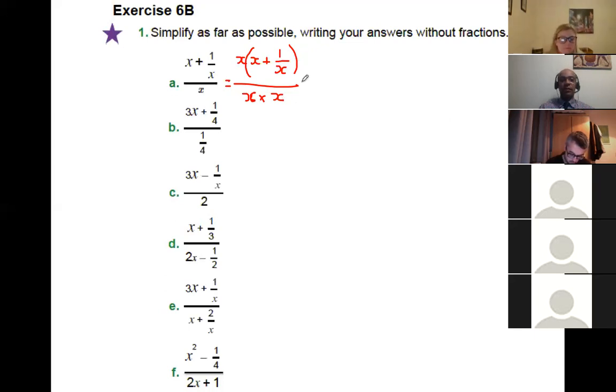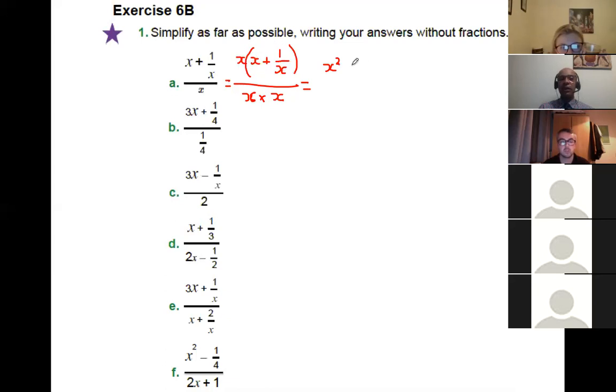First step, x times x, x squared. Plus 1 over x times x is x divided by x.